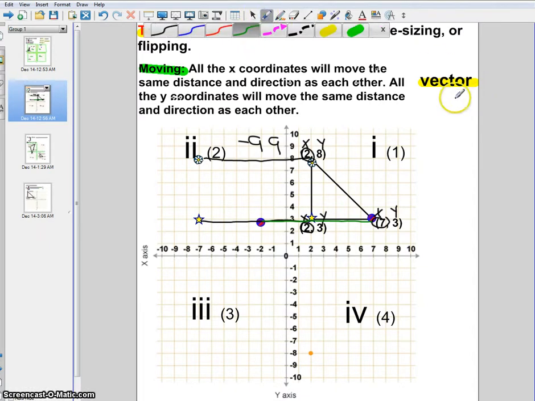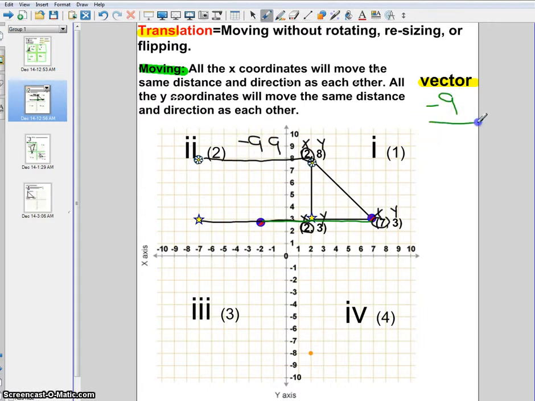Okay, and my vector was going to be -9, 9 units to the left, over -1. This means that my x-coordinates are moving 9 spaces to the left, and that my y-coordinates would move 1 space, can you guess? 1 space down.